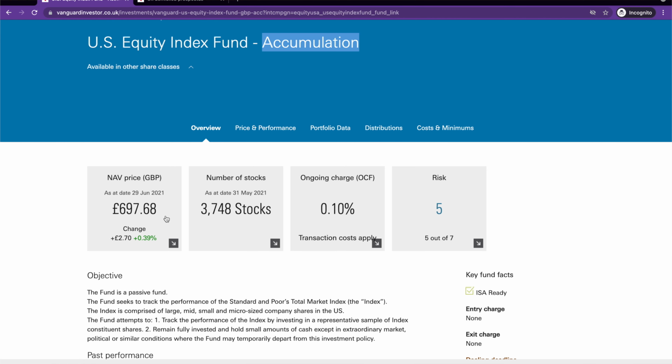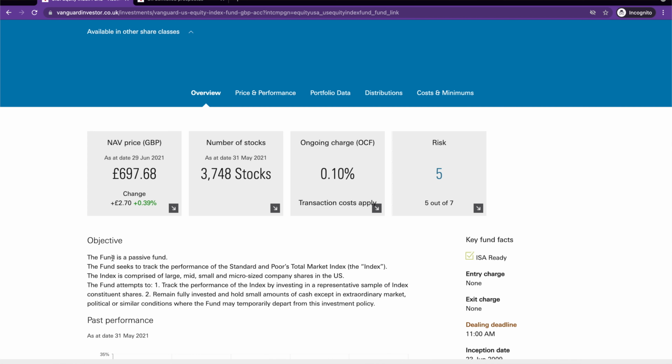All right, so here we have the objective of this fund. As we saw, this fund tracks the US equity index. Okay, so the objective, basically, it is a passive fund, and you can see here that the fund seeks to track the performance of the Standard & Poor's Total Market Index, or the index.